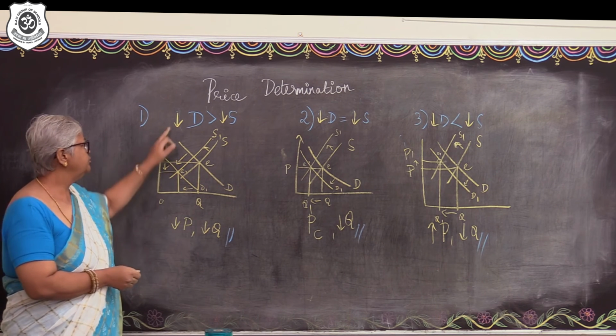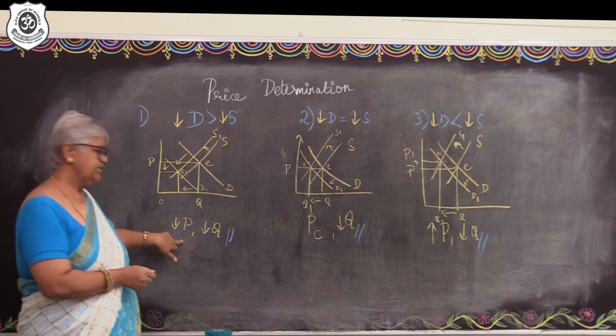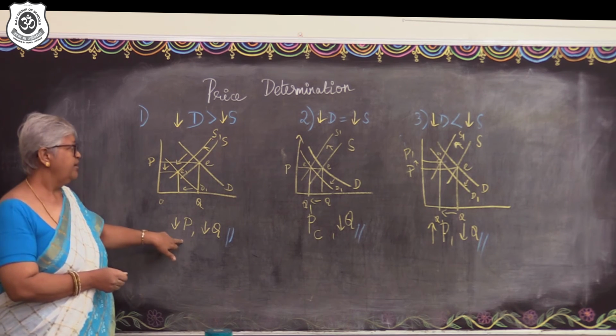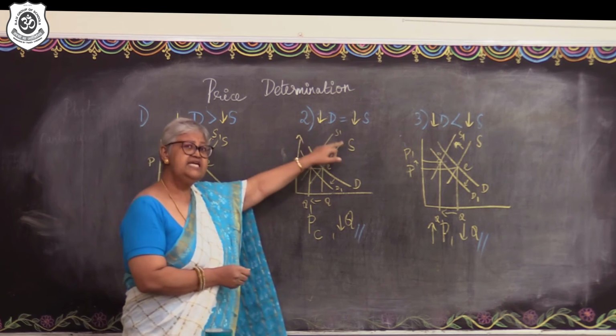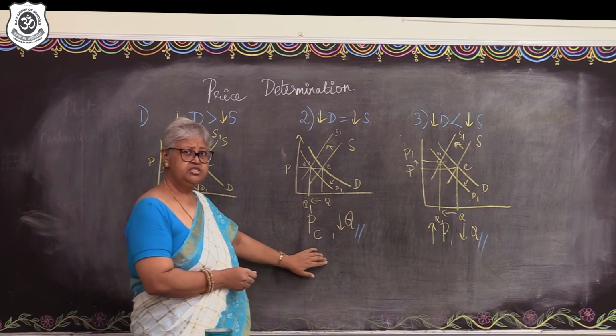Right? So when the fall in the demand is much larger, the price falls. When the fall in the demand is equal to the fall in the supply, the price remains constant.